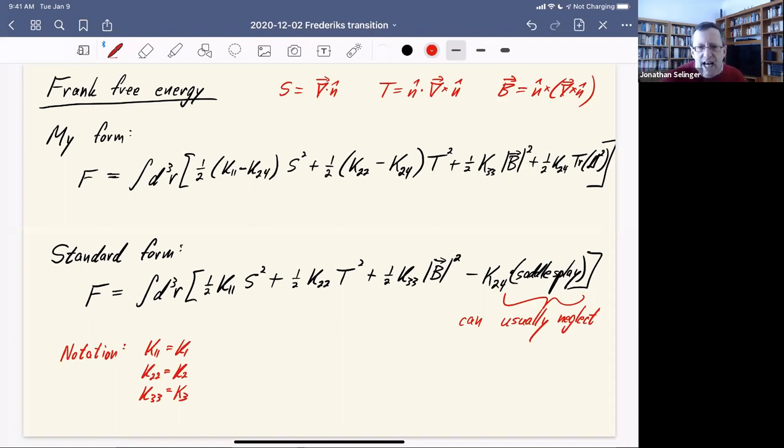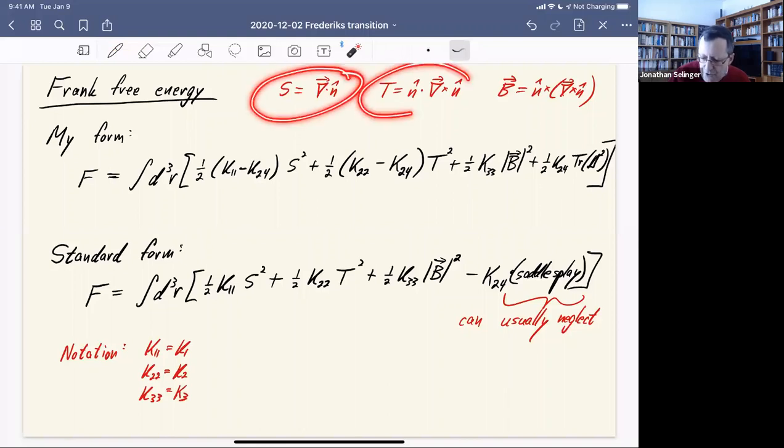K is not a regular tensor that has components in X, Y, and Z. The point is just that we have these liquid crystal distortion modes, the splay and twist and bend.